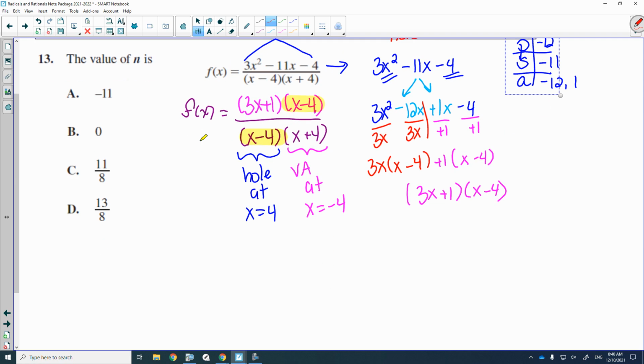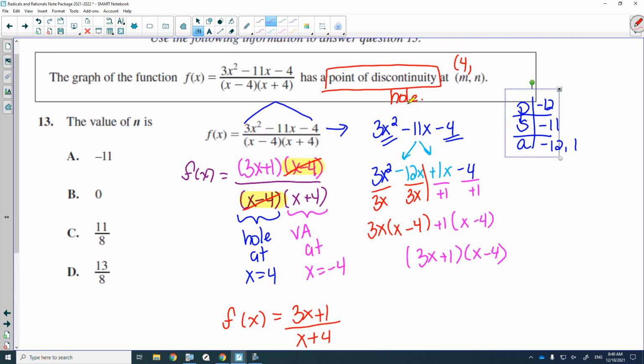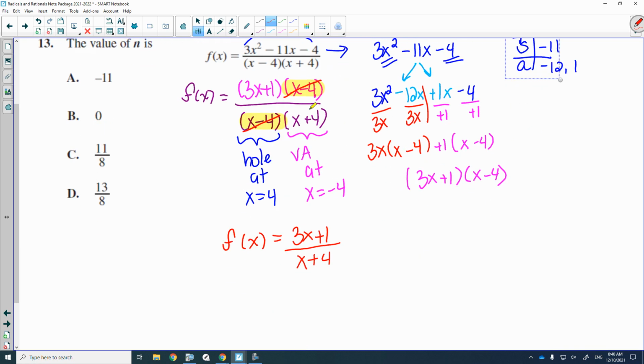Finish off this. Simplify your rational function. Once you have it simplified, you take your x's out and you put in the x value of the hole, which is going to be 4.